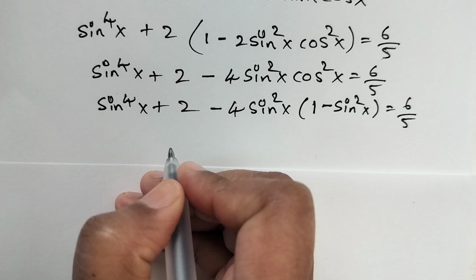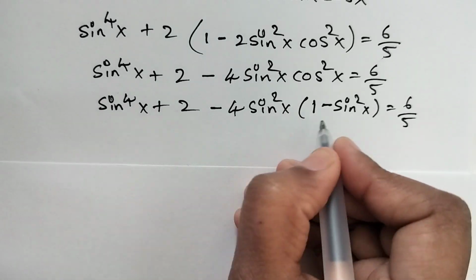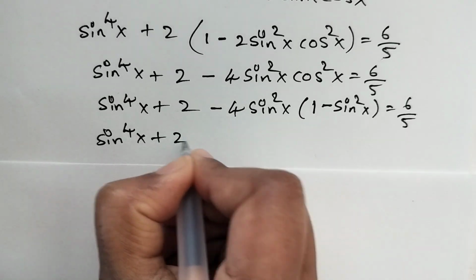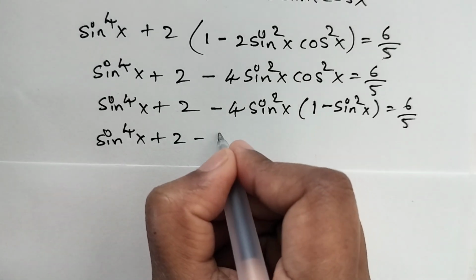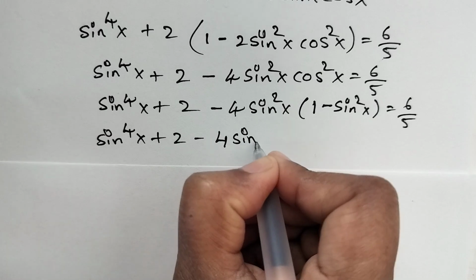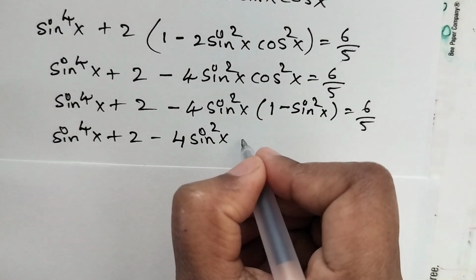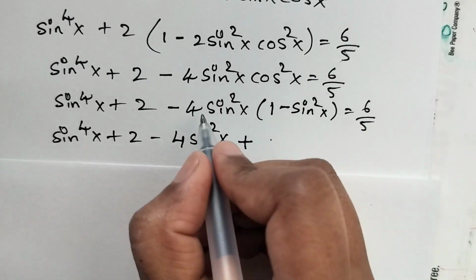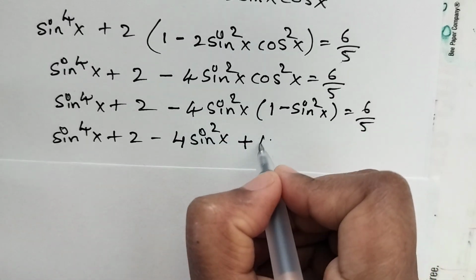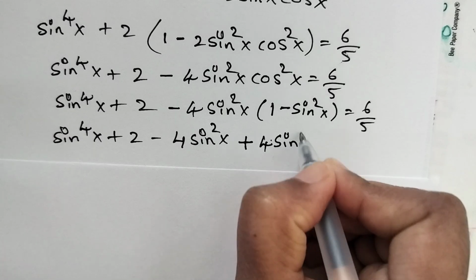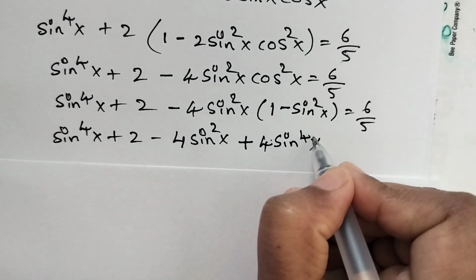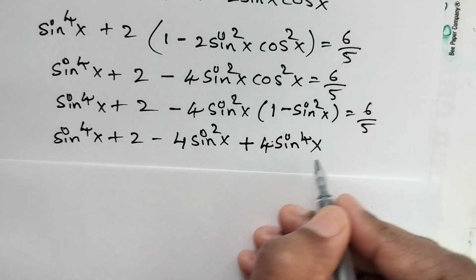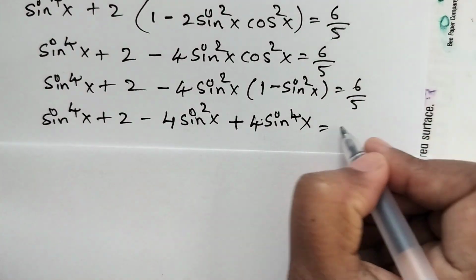Now multiply these two terms and we get sin⁴x + 2 − 4 times 1, 4 sin²x. Here minus minus becomes plus, so 4 sin²x times sin²x, that is 4 sin⁴x, since 2 times 2 is 4, equal to 6/5.